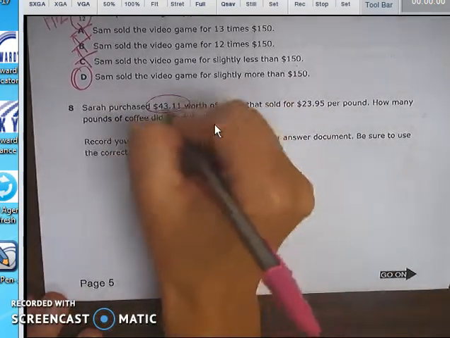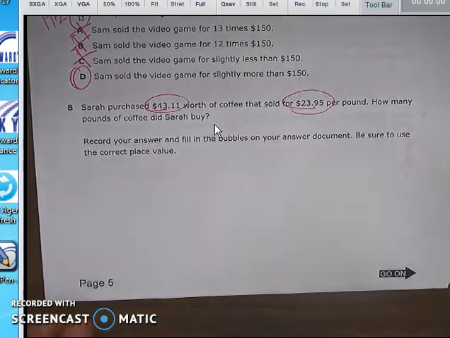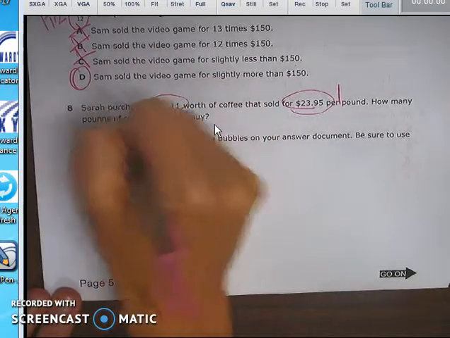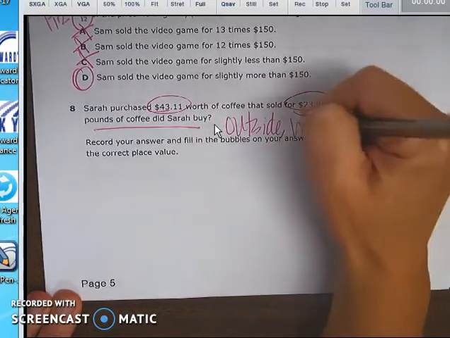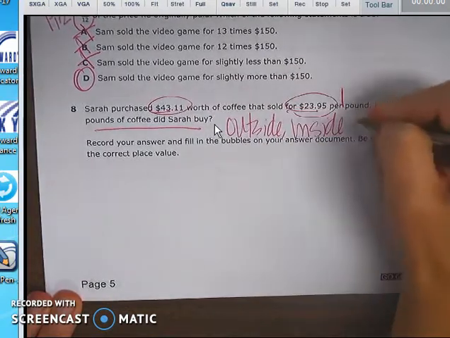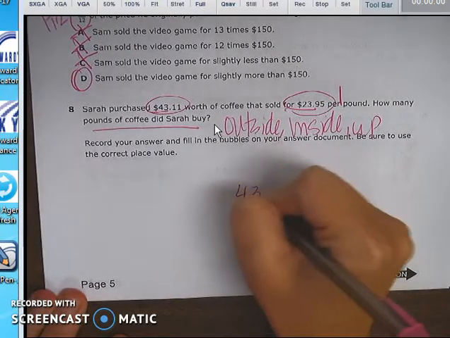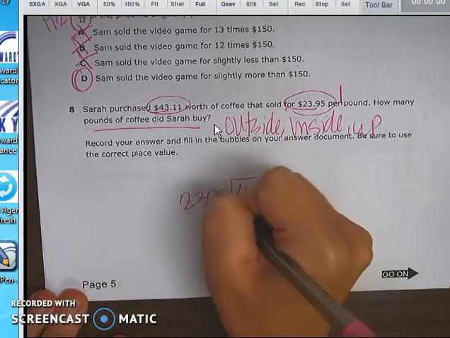Sarah purchased $43.11 worth of coffee that sold for $23.95 per pound. That's for 1 pound. How many pounds of coffee did she buy? Outside, inside, up. 43.11 divided by 23.95.